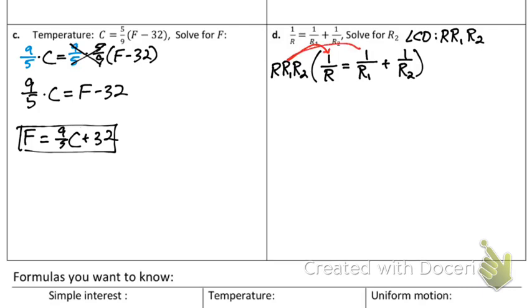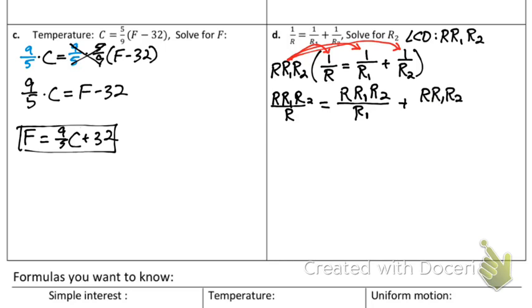Let's draw our arrow. So that's going to give me r sub 1, r sub 2, there's too many r's in this one, all over r, is going to equal r sub 1, r sub 2, all over r sub 1, plus r sub 1, r sub 2, all over r sub 2.